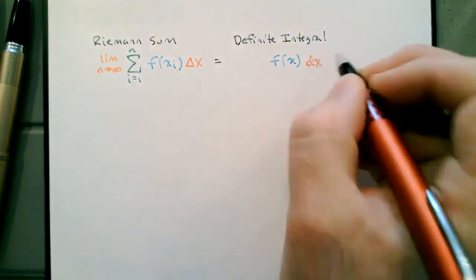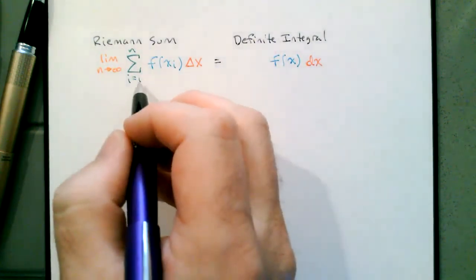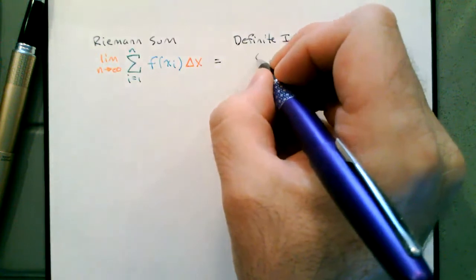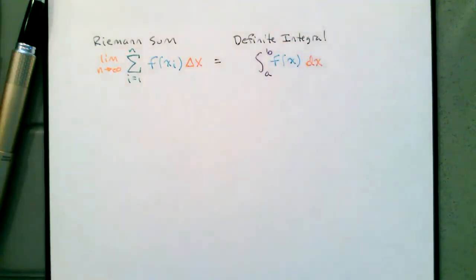We say dx. And the limit as n goes to infinity of the sum as i goes from 1 to n just becomes the definite integral from a to b. So this is where the definite integral comes from. We need to understand how to compute a definite integral.